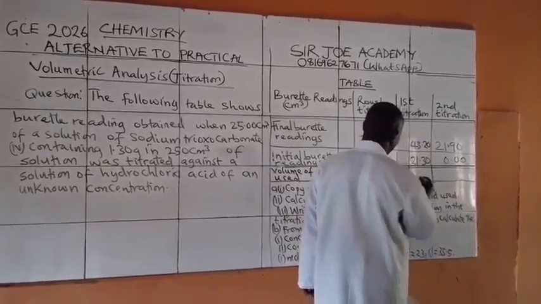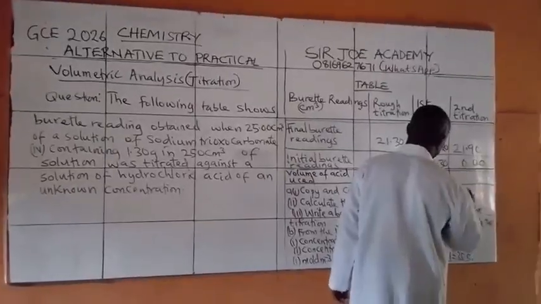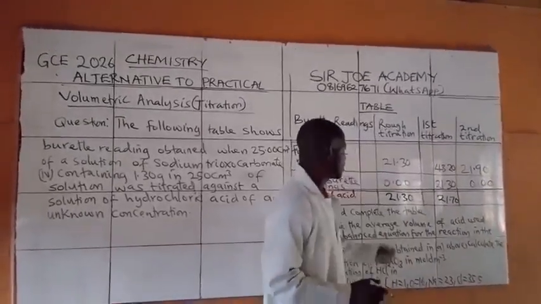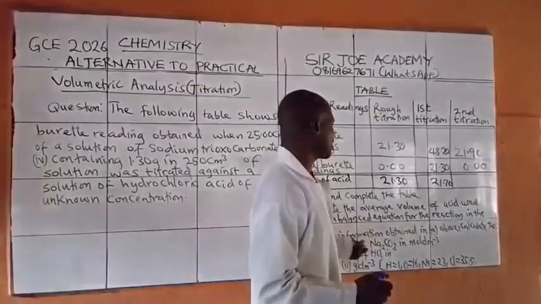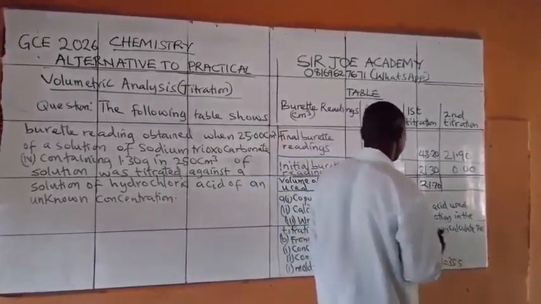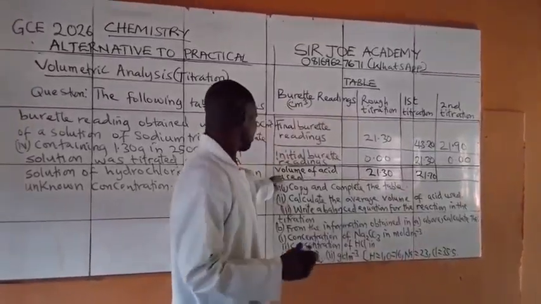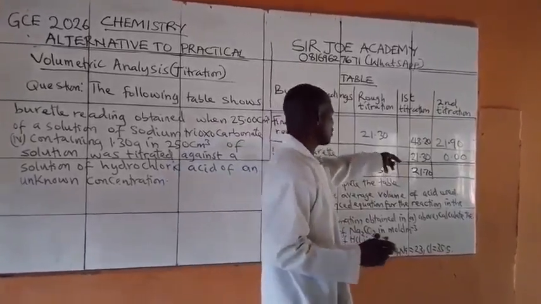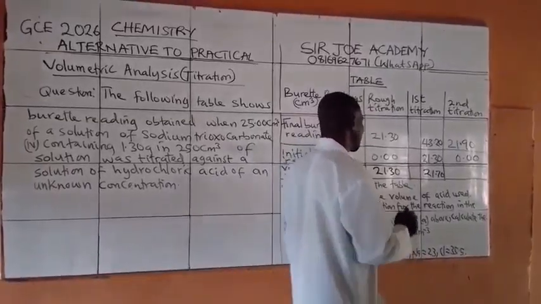So here we have 21.70. And now for the second titration, the initial burette reading is 0.00 cm³ and the final burette reading is 21.90 cm³. In order to get the volume of acid used, we have to subtract 0.00 cm³ from 21.90 cm³.